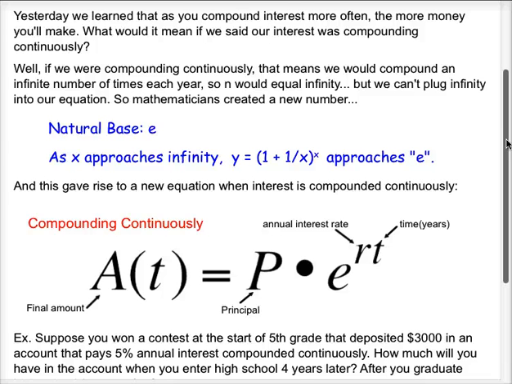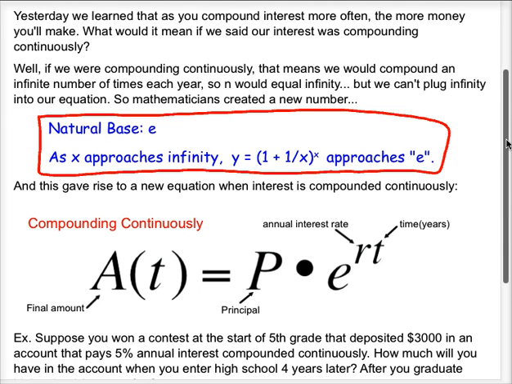So what we ended up doing is we constructed an idea. We took that equation. Notice this equation should look familiar to you. That is our compounding interest equation. And we took it where x is going to infinity.